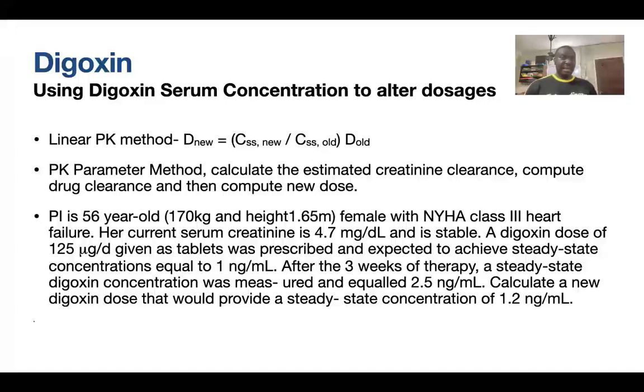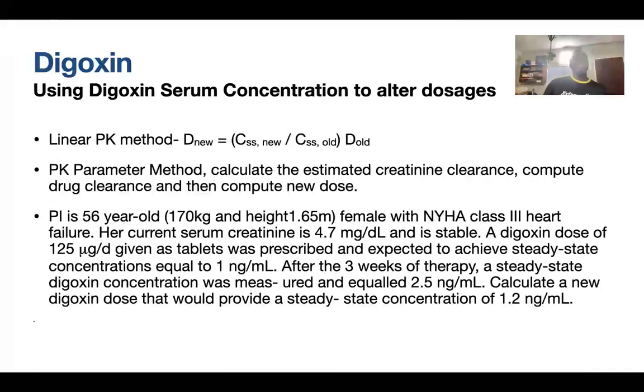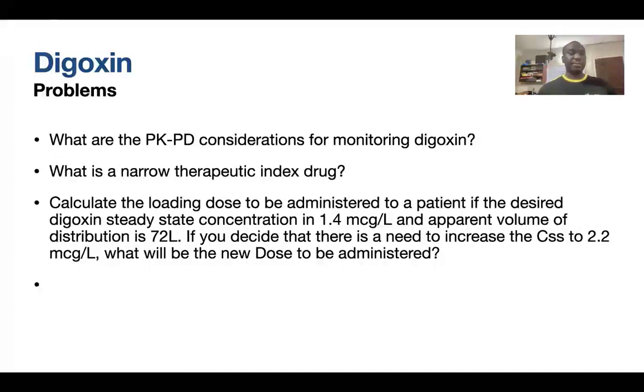Here's a sample question, which I'm going to solve in the next video, and I will show you how to work around that. These are a few considerations around how the pharmacokinetics of digoxin, a narrow therapeutic index drug, is considered.